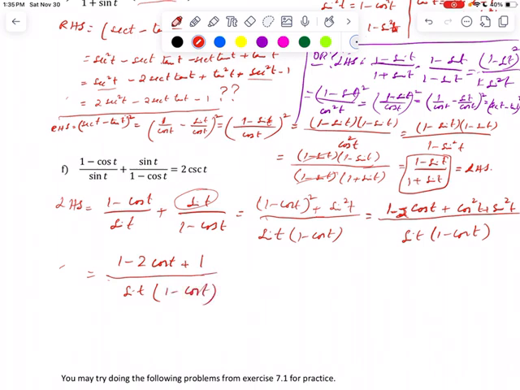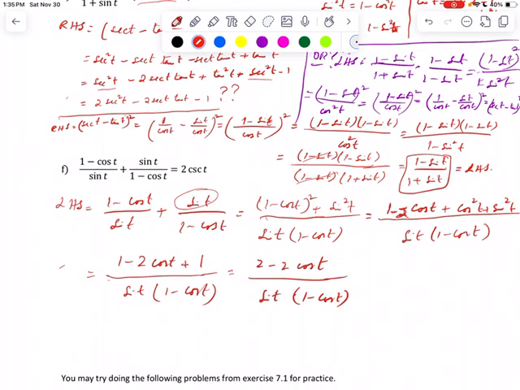Now some students would say, oh, if you cancel like this and this, that is wrong. We cannot cancel at this time. The top becomes 2 minus 2 cosine t, bottom is sine t into 1 minus cosine t.